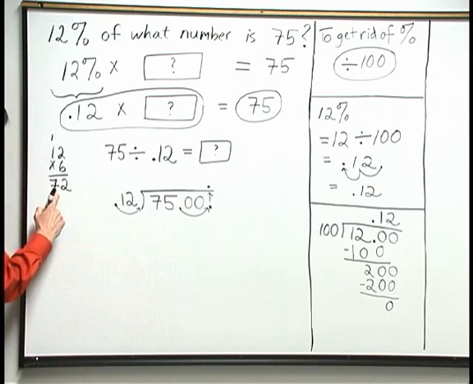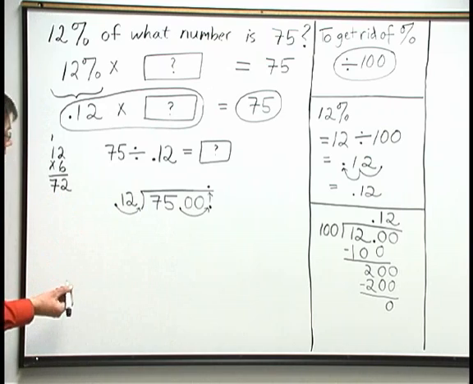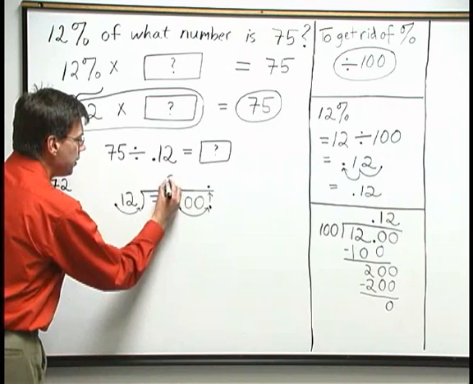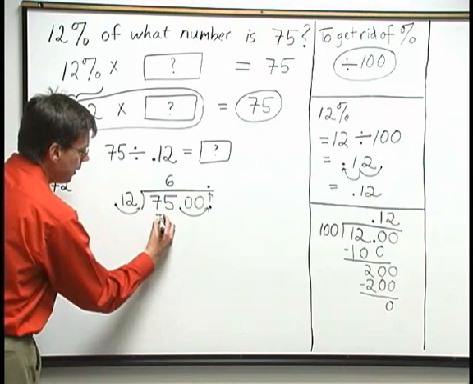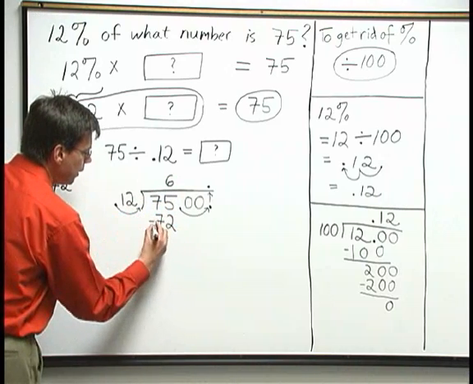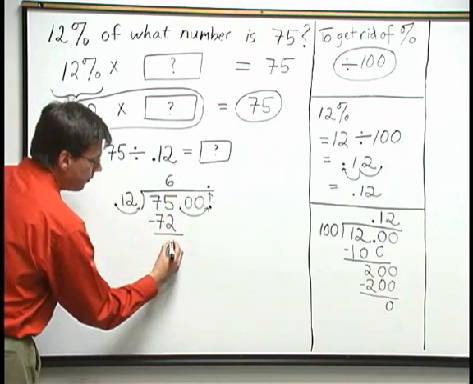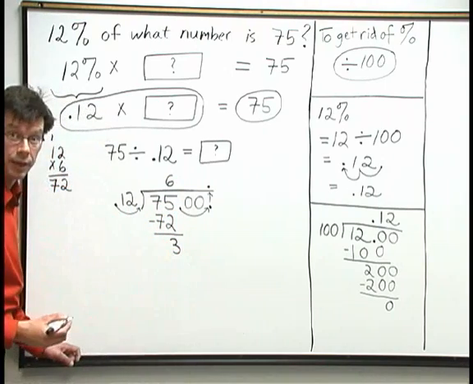In fact, that's about the best I'm going to be able to do. 12 times 7 will be too much. So let's write here 6 above the 5. 6 times 12 is 72. And subtract 75 minus 72 is 3.